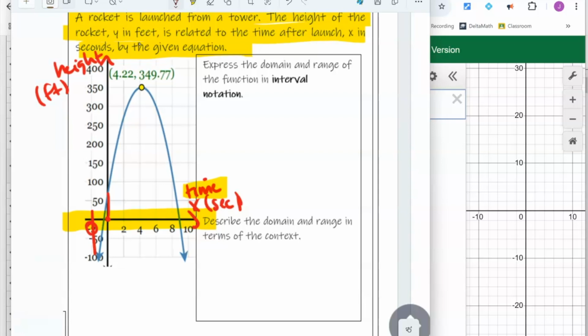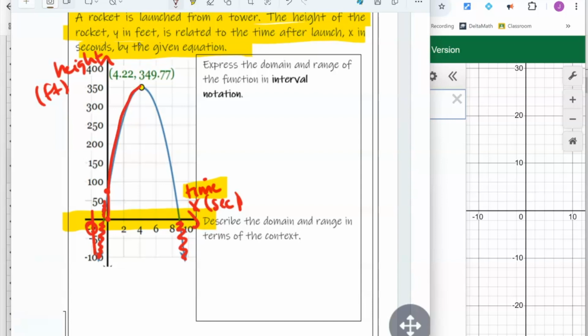The ground. Can I go below the ground? No. Well, okay, it can kind of go a little bit, but in real life the rocket is not going to go below the ground. So we cannot look at this part, because it doesn't exist: it's negative height. And this part right here doesn't exist because it's negative time. So this is really my graph.